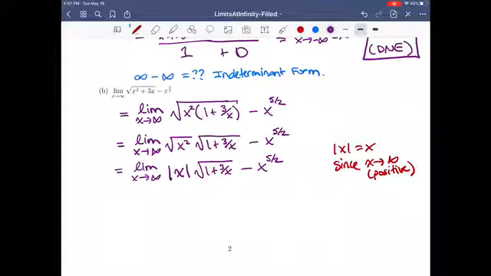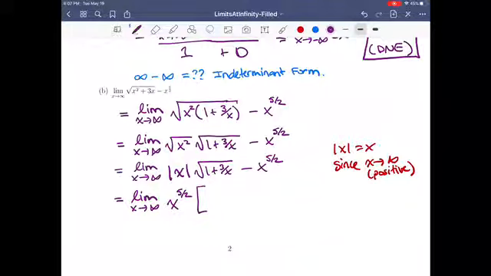Now what I'm going to do is pull out the biggest power of x, which here is x to the 5/2.